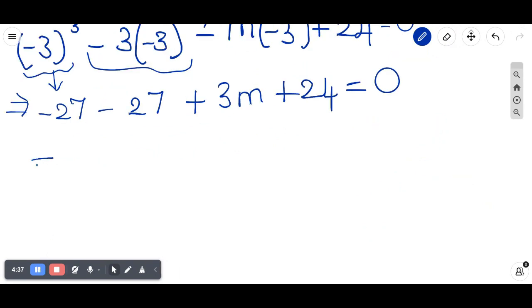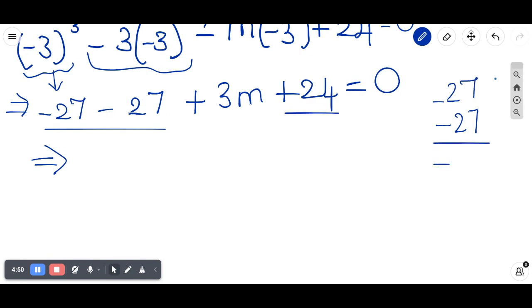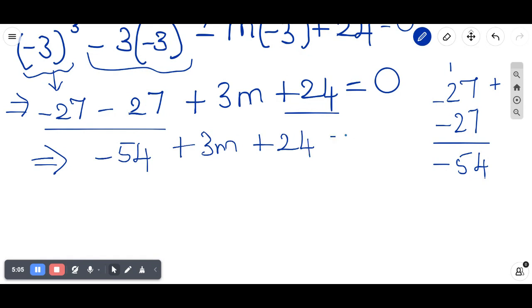Now let us solve this. We have minus 27, minus 27, and plus 24. Both are minus, so you add the numbers and put the minus sign. 27 plus 27 is 54. So that will be minus 54, plus 3m, plus 24 is equal to 0.